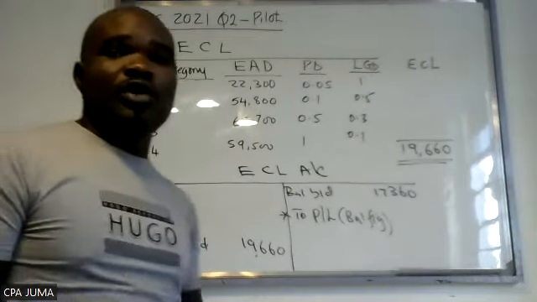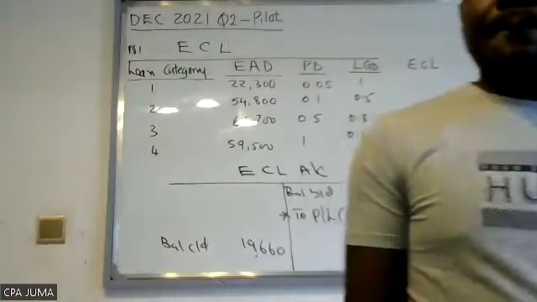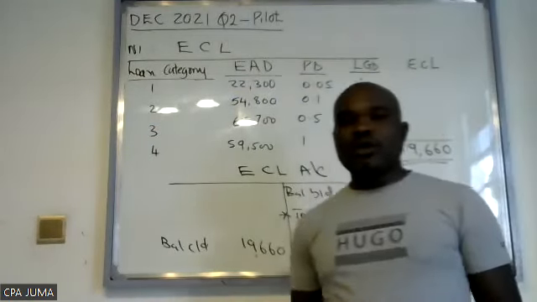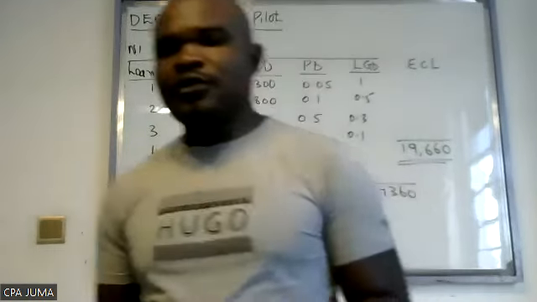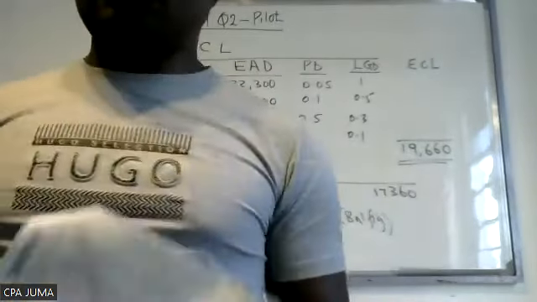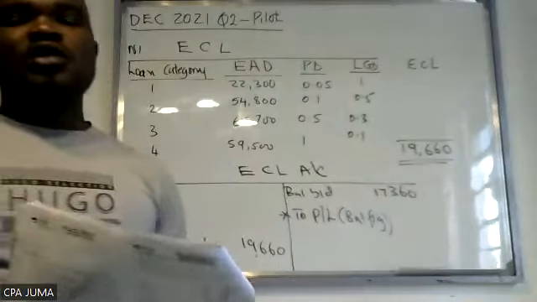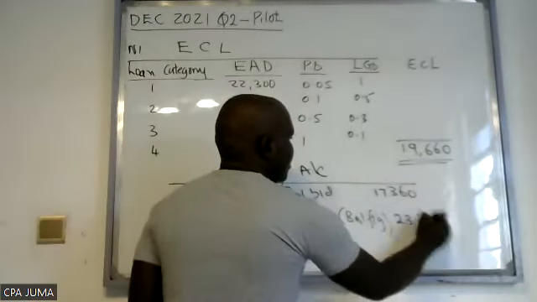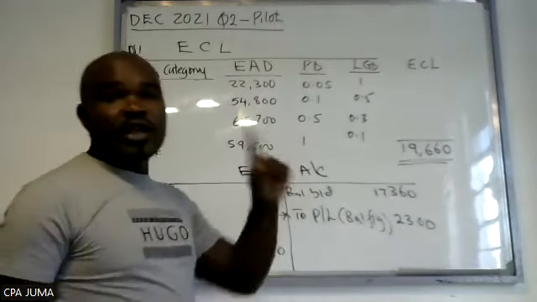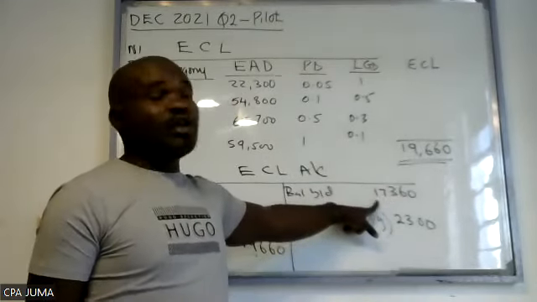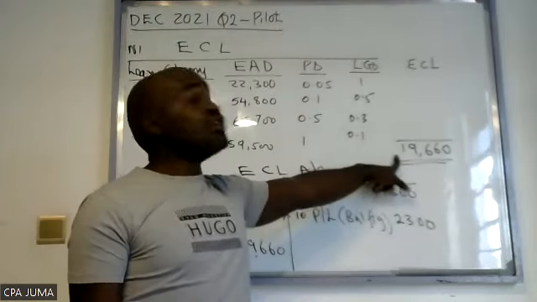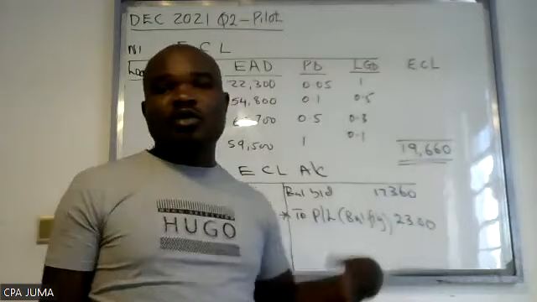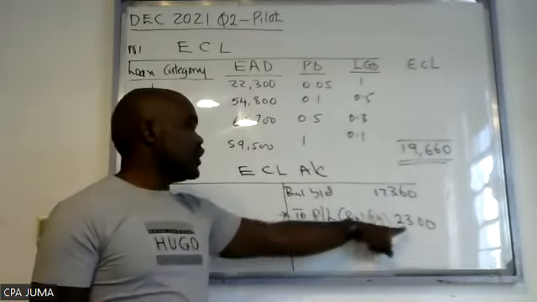How much are we going to post in the P&L? $2,300. Thank you. In case the opening was not there, then the whole amount is the increase, 19,660, which you will take to P&L. But if the opening is there, you compare. So this is what we'll take to the profits.